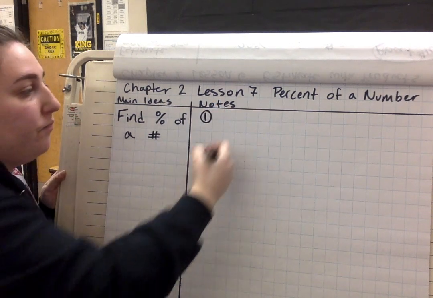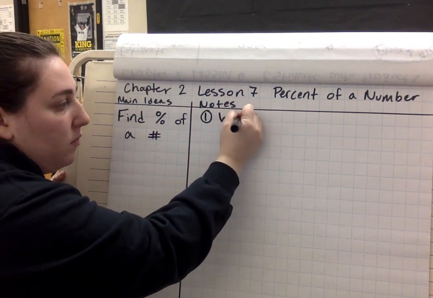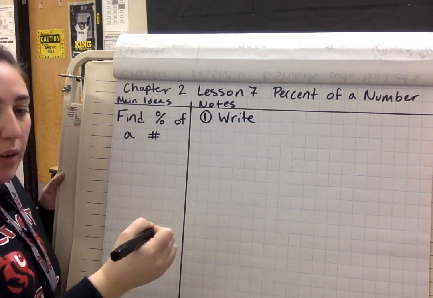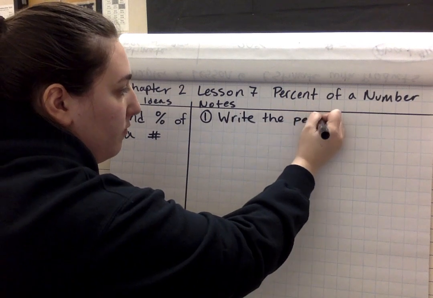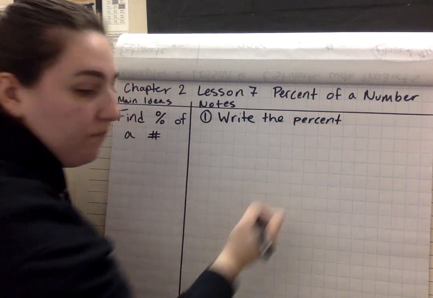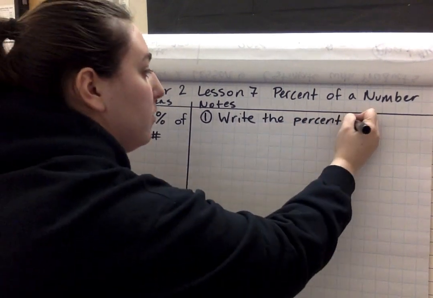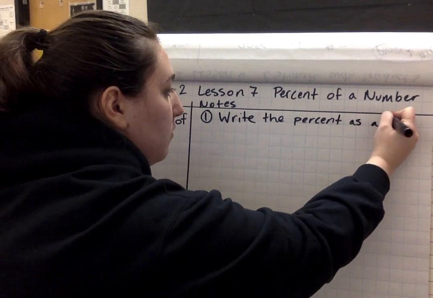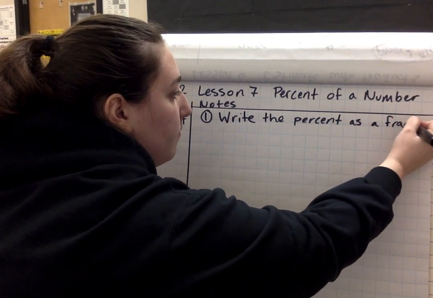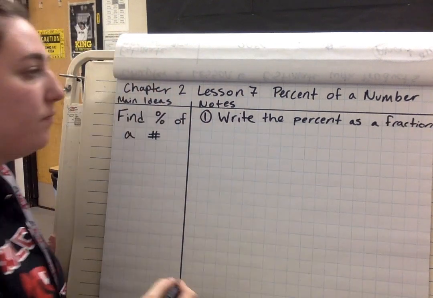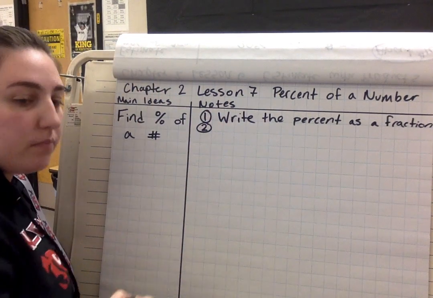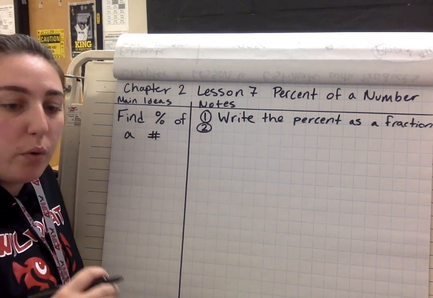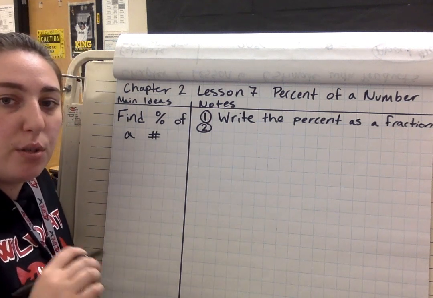Step 1, write the percent as a fraction. Okay, step 2, we're going to divide the fraction into a decimal.